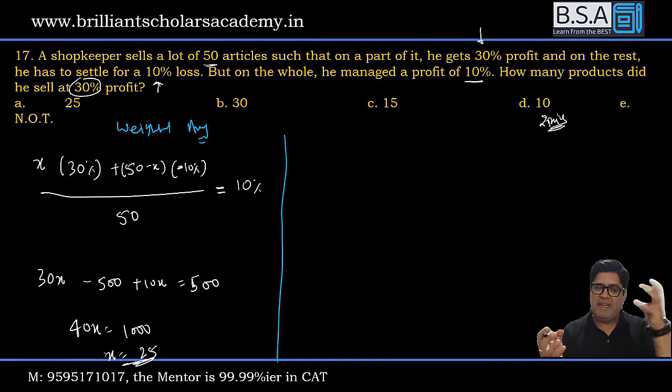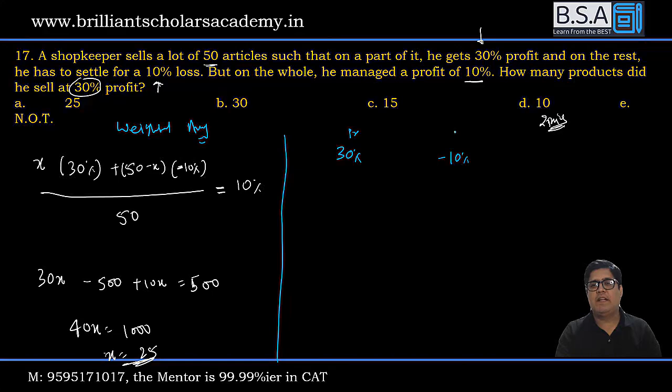Imagine you are combining 30% profit, and profit should be positive, and you are combining 10% loss, and loss should be negative. What are you achieving? Overall, you are achieving 10% profit.